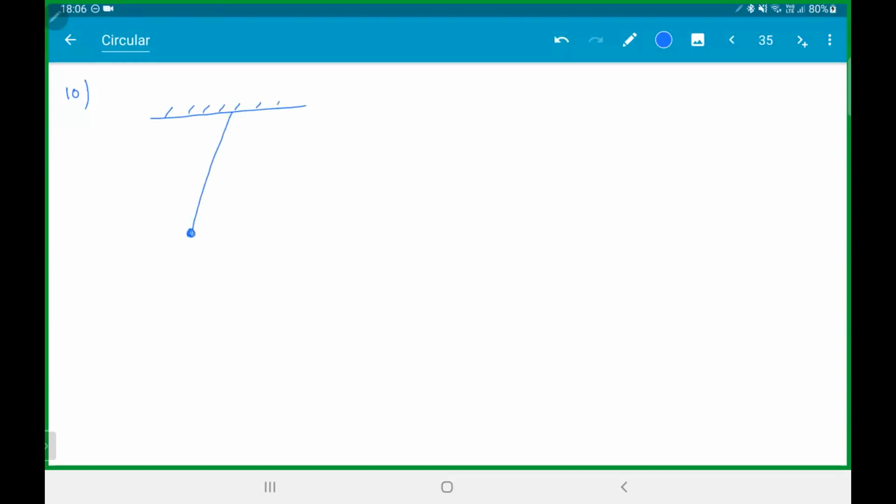So we have a string here, length L, mass M. This is going in a circle. This is theta. This is called a conical pendulum because it forms a cone shape.